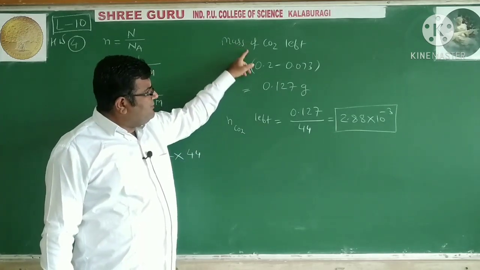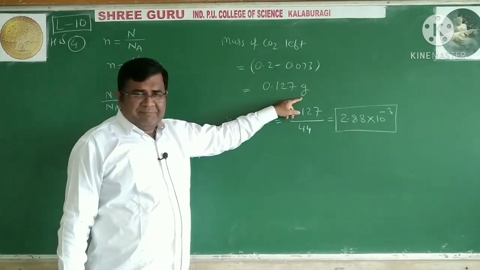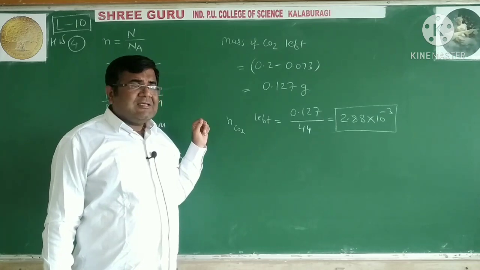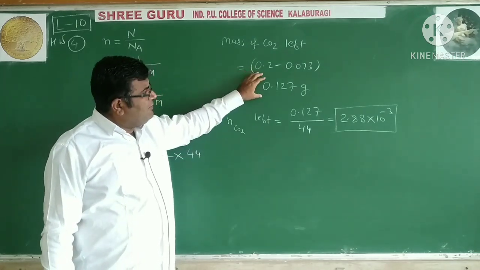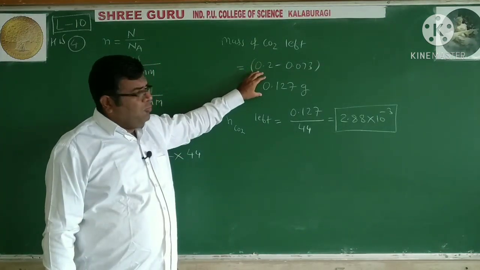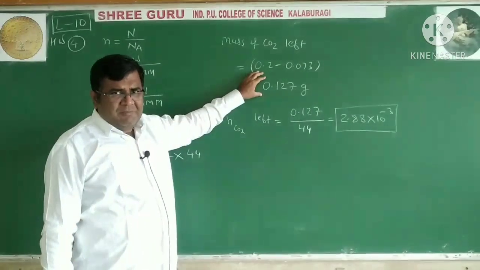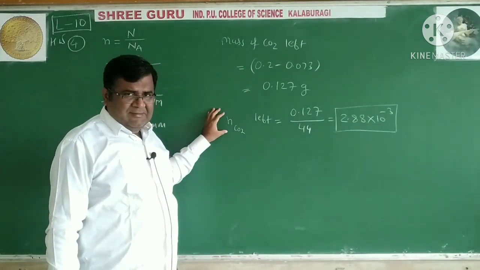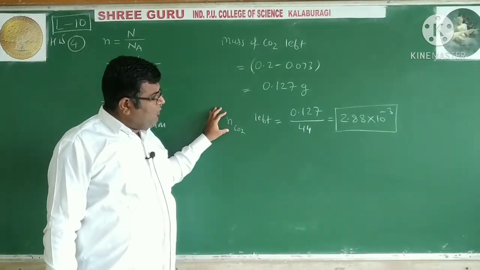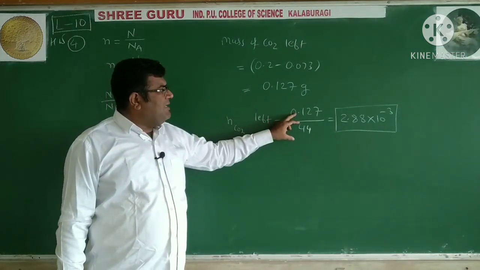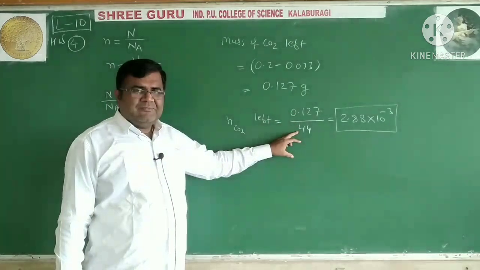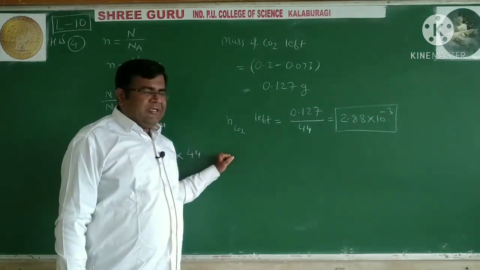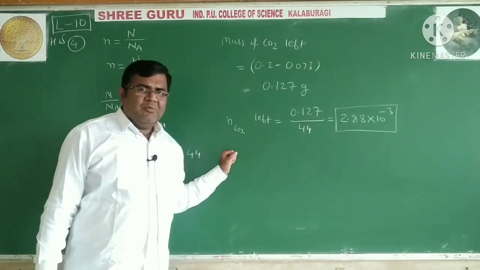So left is 0.127 gram. But they have not asked how much CO2 in terms of mass is left, but they have asked number of moles. So you can use number of moles is equal to mass divided by gram molecular mass, and you get 2.88 into 10 raised to minus 3 mole.